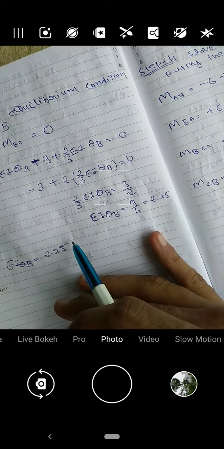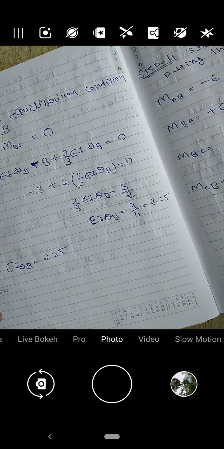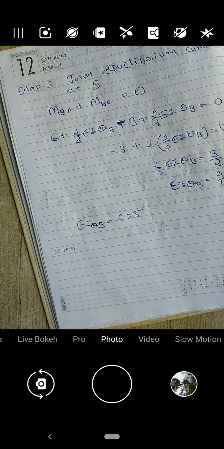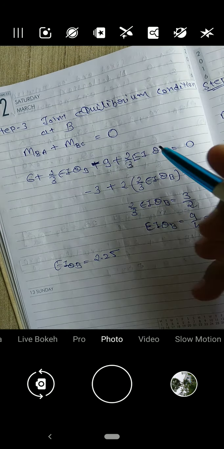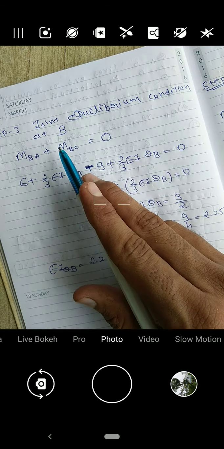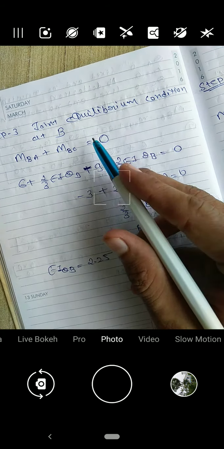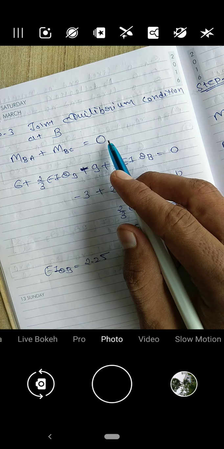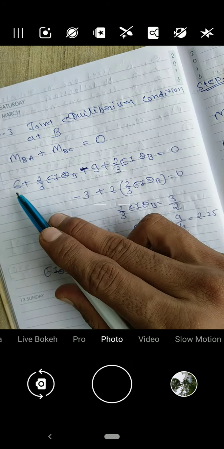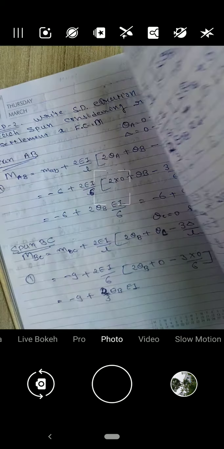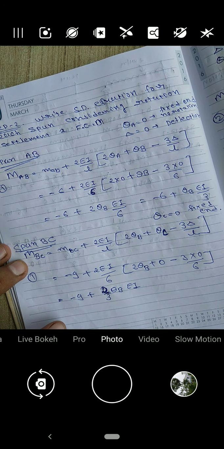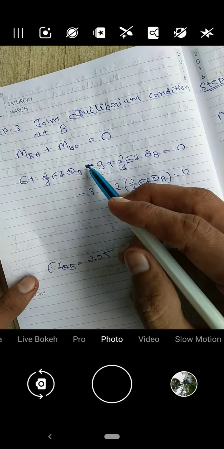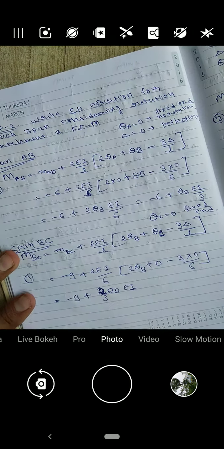Now we find the joint equilibrium condition at B. Step 3, equilibrium condition at joint B: MBA plus MBC is equal to 0. So MBA we already found, and MBC also we found.